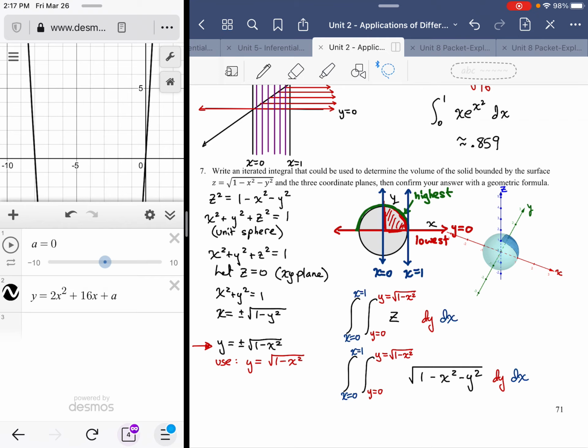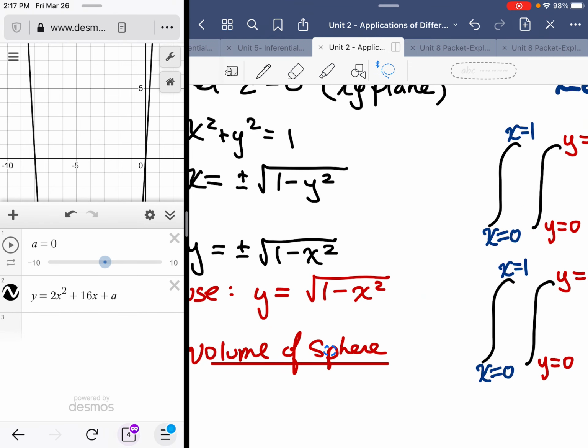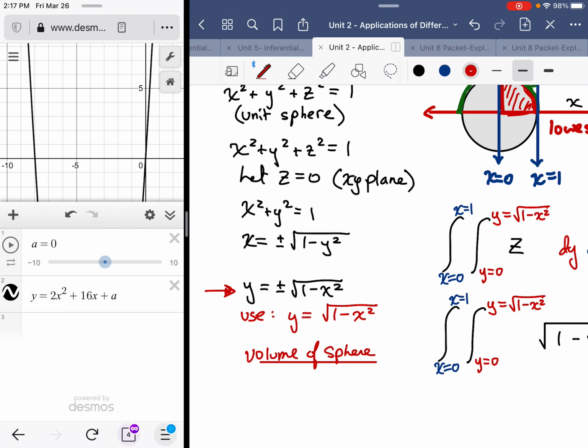Now, in theory, like I said, this should amount to the volume of a sphere, 4/3 pi times the radius cubed. At a radius of 1, that should be 4/3 pi.